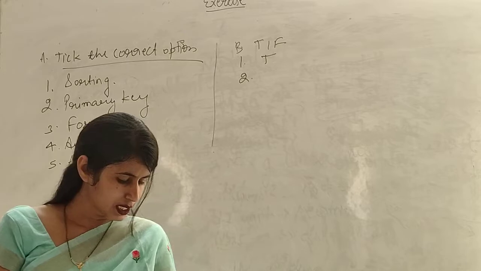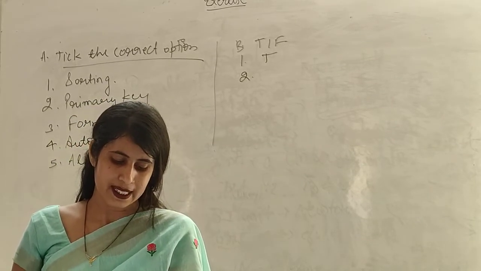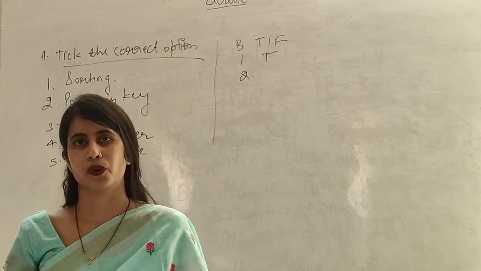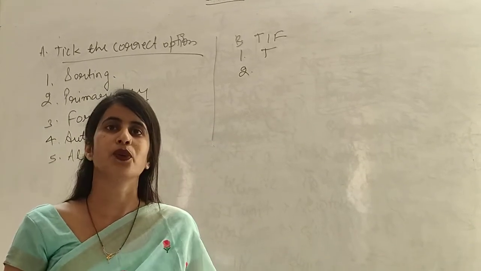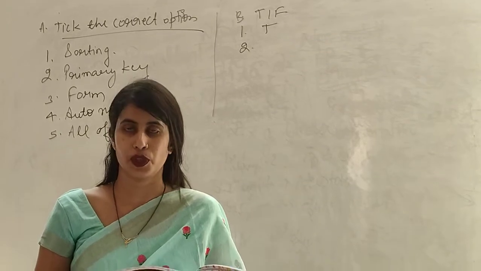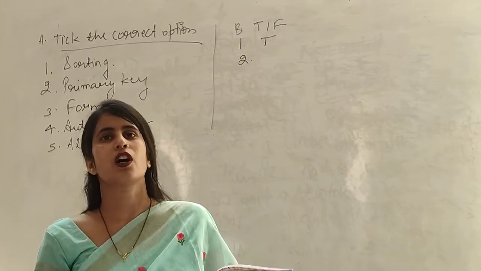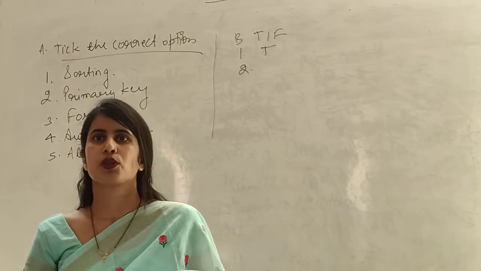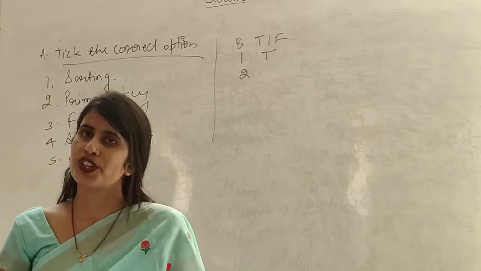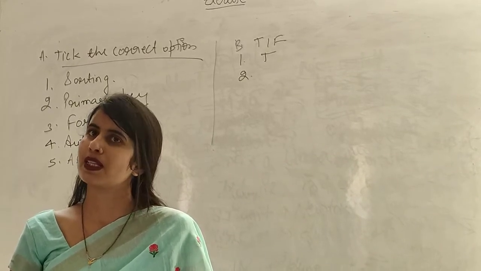The second one is navigation pane is present on right side of the MS Access window. This question is related to components of MS Access window, and we studied what the components of MS Access window are and where they are located. So we know that navigation pane is present at the left side of the MS Access window.